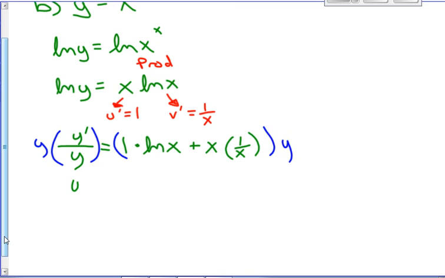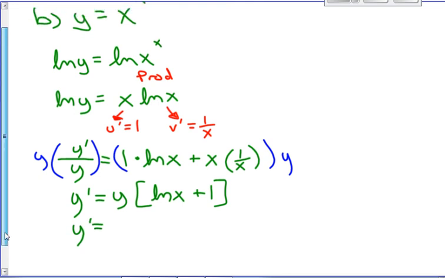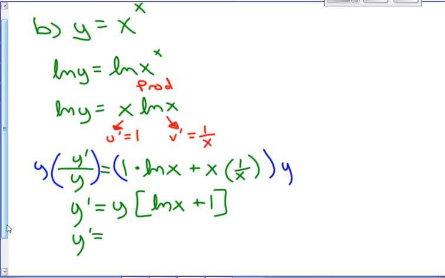So I'll end up with y prime equals y times ln x plus x over x, that's just 1. Or finally, y prime equals y, which was x to the x, times, I'm going to write this as 1 plus ln x, so that it's clear that it's only the x that is having the logarithm applied to it.